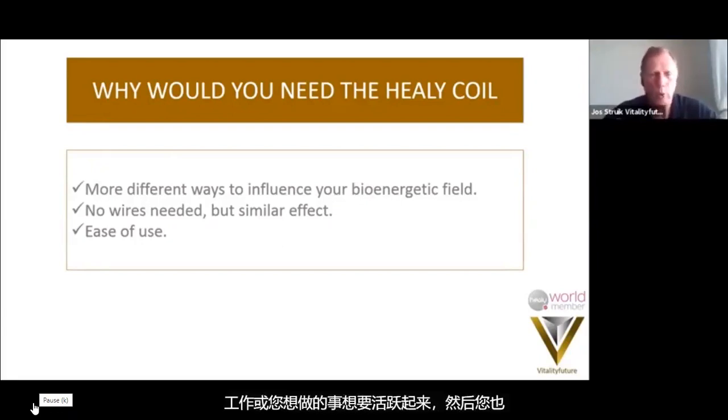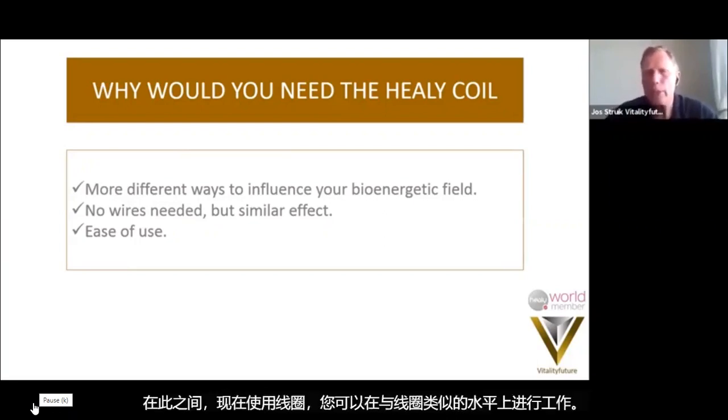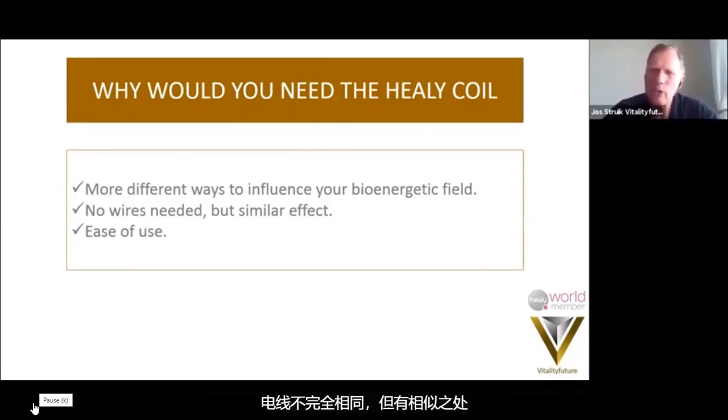And often if you want to be active and you also want to run your healing programs, the wires get in between. And now with the coil, you can work at a similar level as with the wires, not exactly the same, but have a similar effect without the wires.